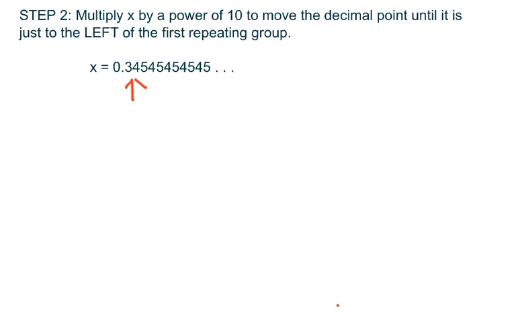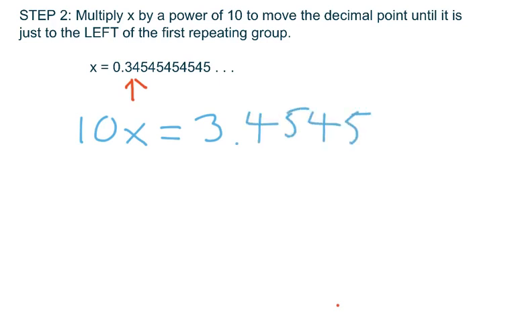I need that decimal to be one place farther to the right than it is right now. I can make that happen by multiplying by 10. Multiplying by 10 will move the decimal point one place to the right so that it is just to the left of the first repeating group and becomes 3.4545454545, etc. Now we're going to hang on to that.